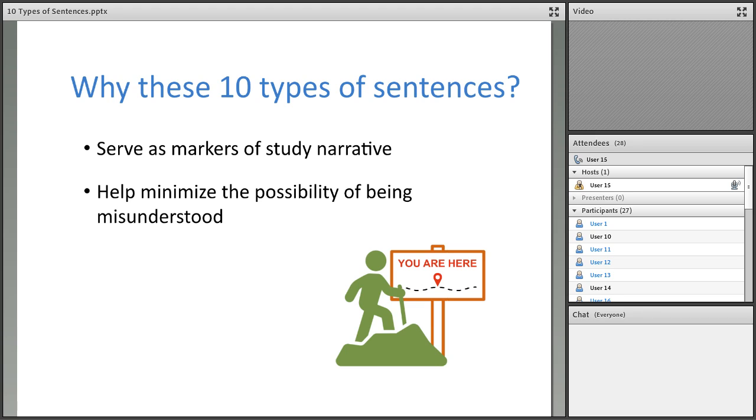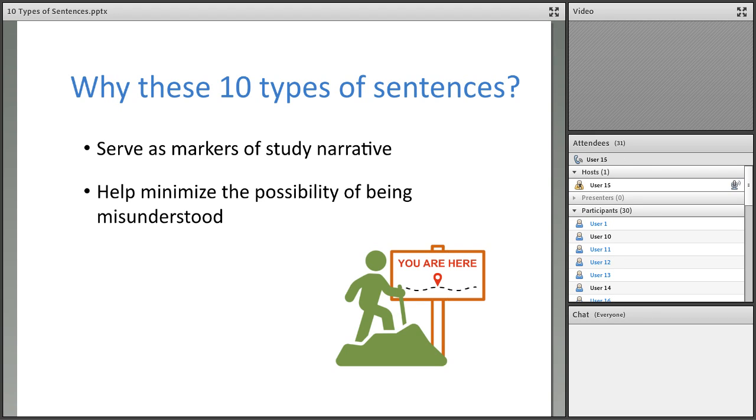The other reason we're talking about these 10 types of sentences is because they're going to minimize the possibility that you would be misunderstood in your writing. There's a tendency, I think, for scientific writers to assume a lot of their readership, to assume that their readers will know what they're talking about, and so they don't have to explicitly say what they're talking about, which we'll get into as we go through.